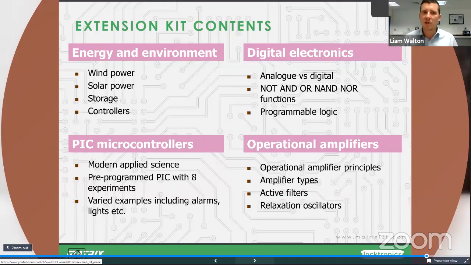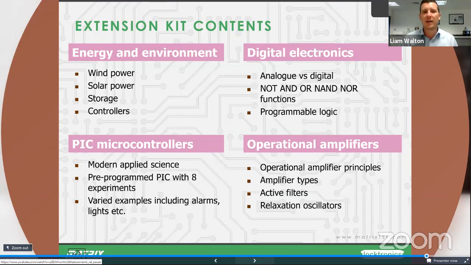Within energy and the environment, we focus on wind power, solar power, storage and controllers. Within digital electronics, we focus on analog versus digital. We also focus on logic gates: NOT, NAND, OR, NOR, and XOR, and 3 input gates. We talk about programmable logic there as well.